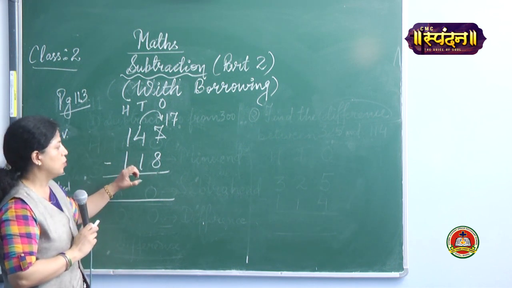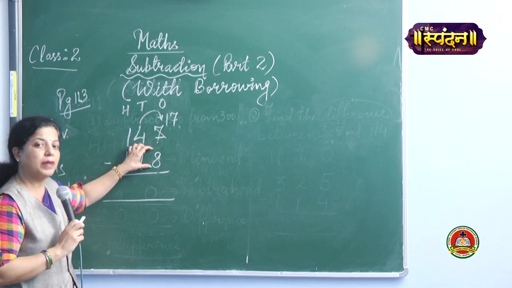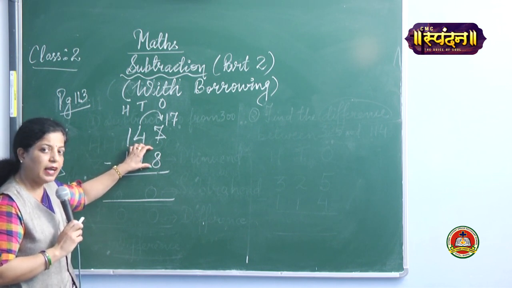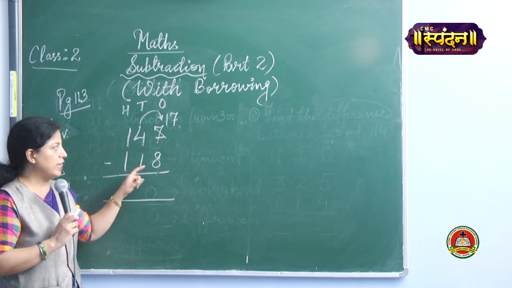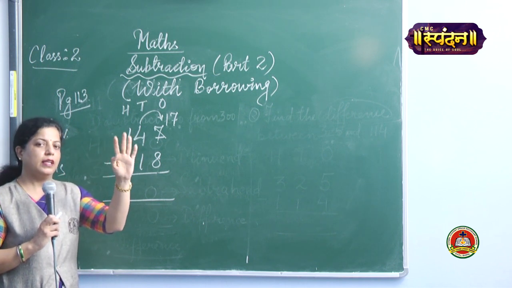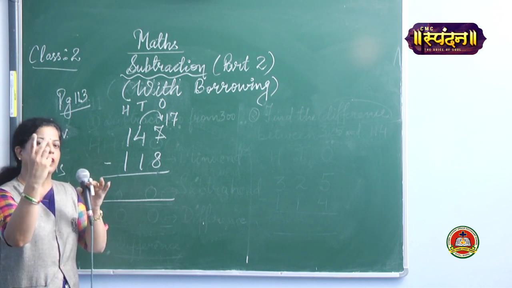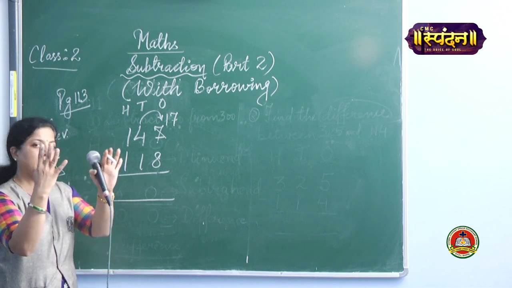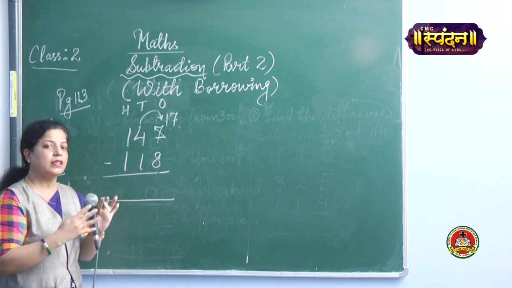So for doing so, what I'll do, after 8, I'll start counting now on my fingers till I reach the number 17. See how? After 8, when I start, 9, 10, 11, 12, 13, 14, 15, 16, 17. Okay. So now how many numbers did I get?